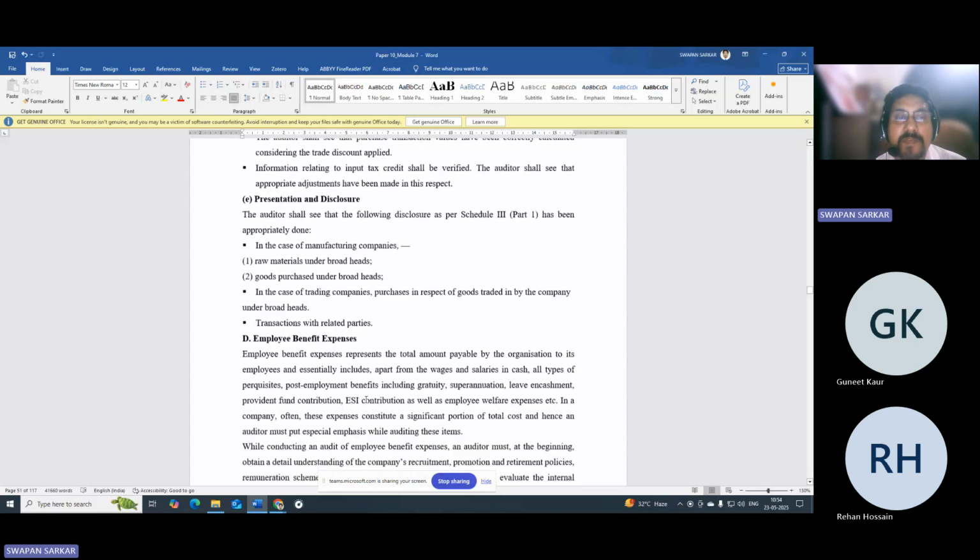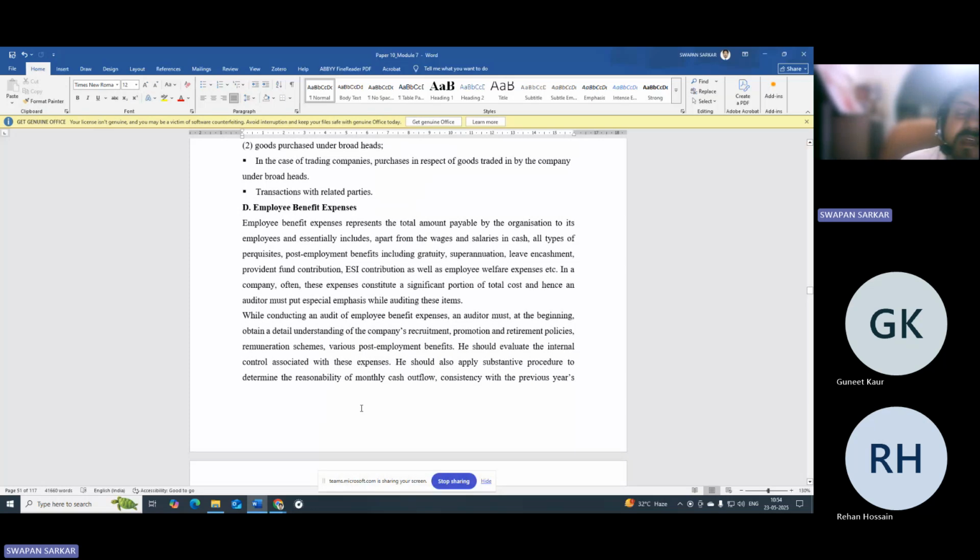Employee benefit expenses. Employee benefit expenses represent the total amount payable by the organization to the employee. Apart from wages and salaries in cash, all types of perquisites and post-employment benefits, including gratuity, superannuation, leave encashment, provident fund contribution, everything is included in the term employee benefit expenses.